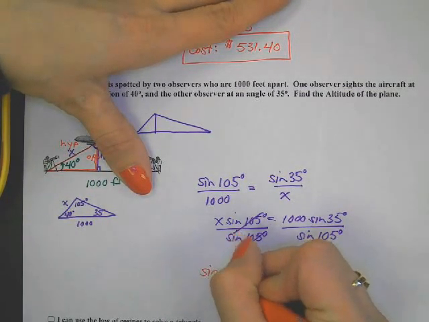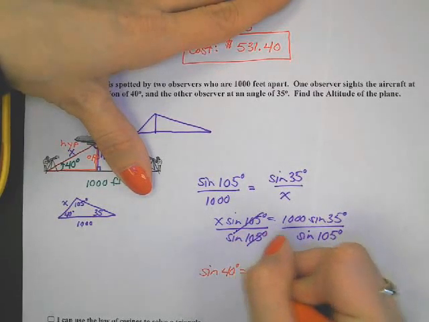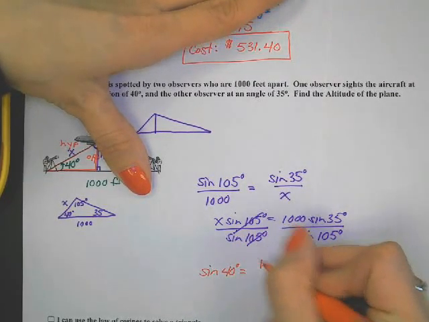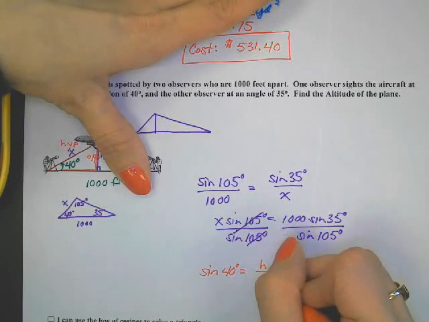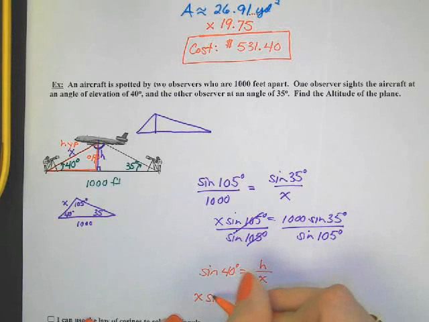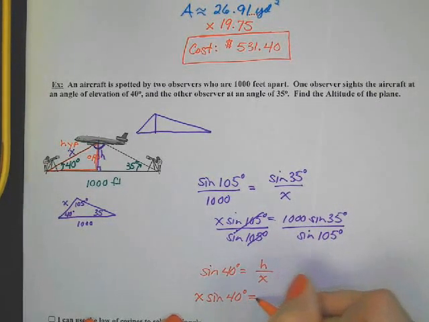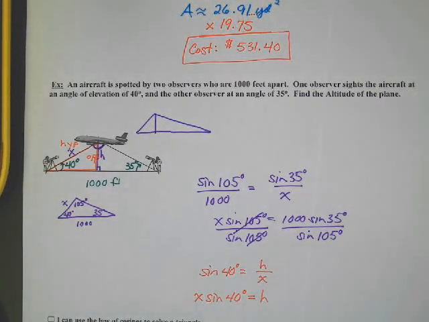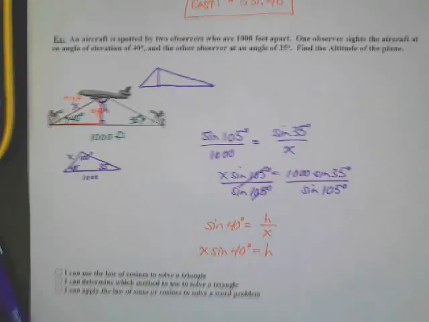SOHCAHTOA. Sine of 40 degrees is opposite h over x. If you multiply both sides by x, x times the sine of 40 equals h. And I have an expression here for x.